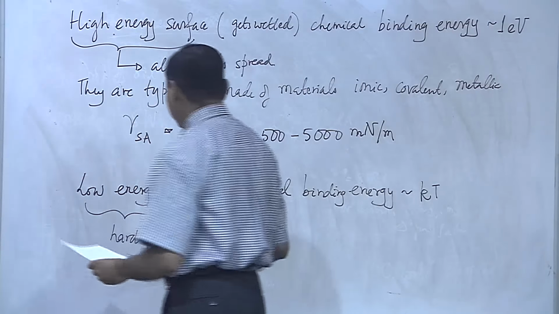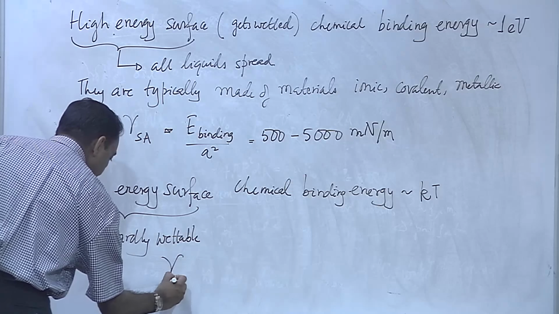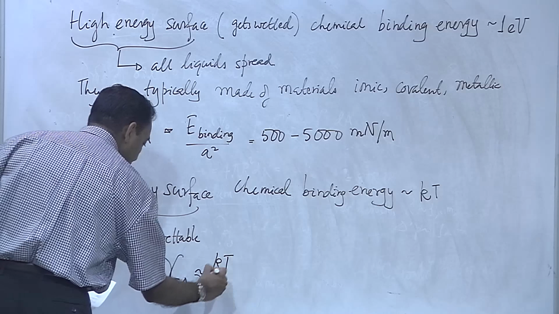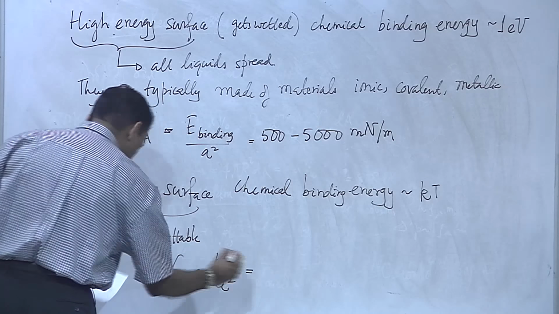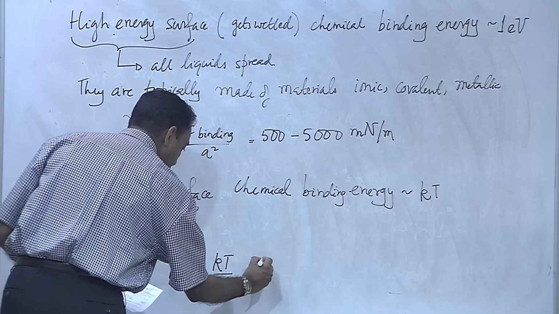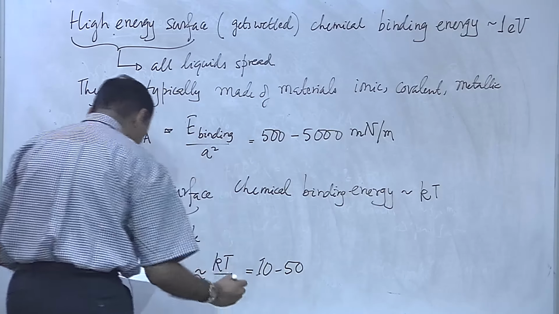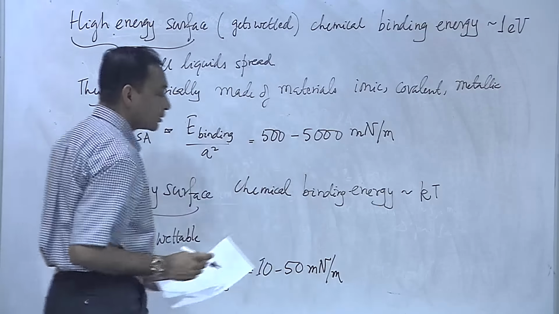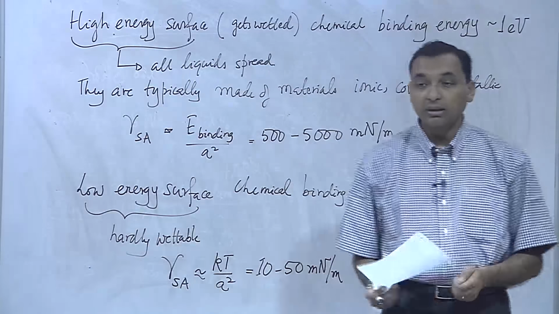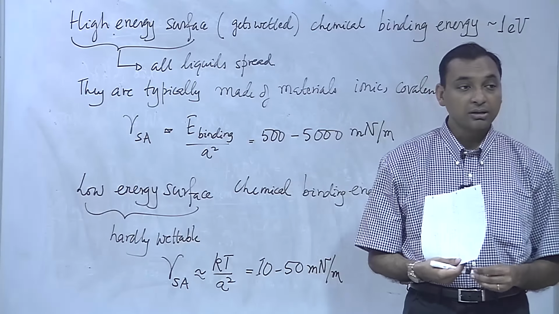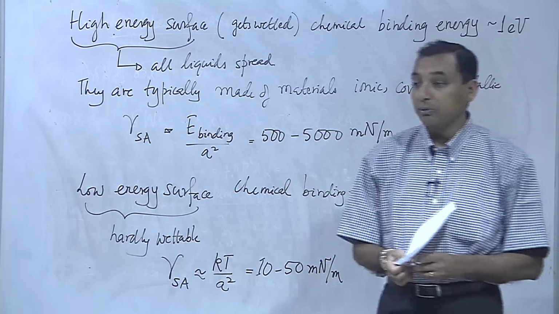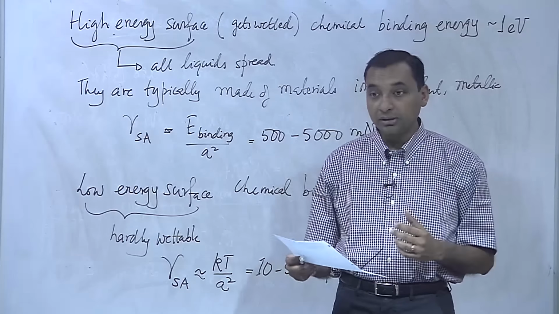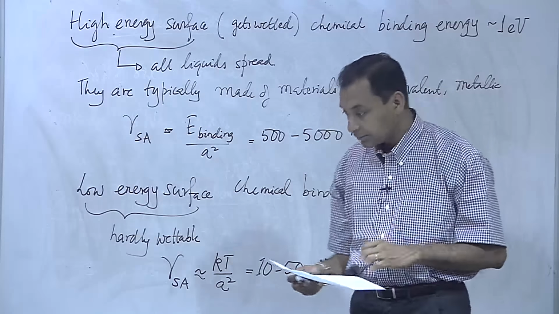If you look at their solid surface tension, gamma SA of these will scale as kT over a squared, somewhere around 10 to 50 millinewton per meter. So there is a vast difference between a high energy surface which wets everything, compared to a low energy surface which doesn't wet anything, and it is again related to the binding energy.